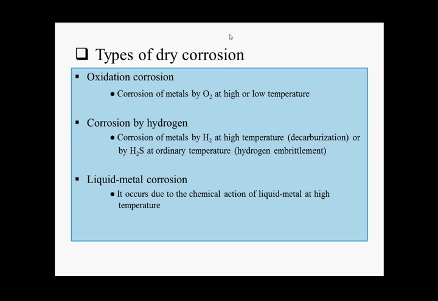This molten state of the metal, when it comes in contact with some other metal, that metal gets corroded by this molten metal. That is called liquid metal corrosion. Such type of corrosion occurs in power plants and also in industries. Nuclear power plants and industries which make use of the metals at high temperature face this type of corrosion.